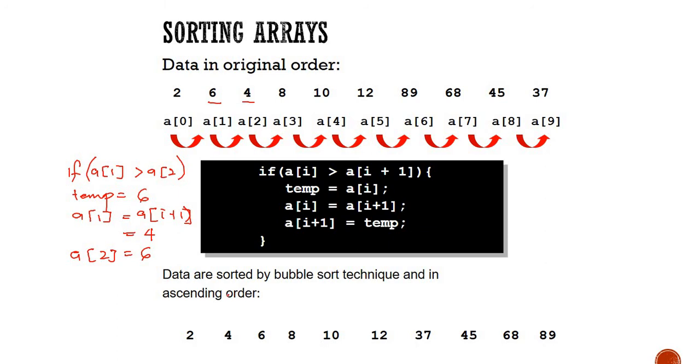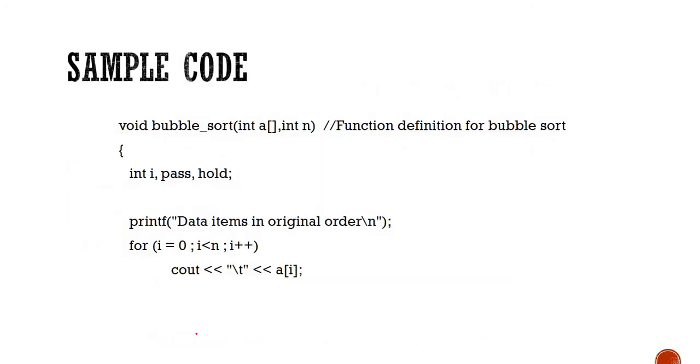Now, if you do the same process, the sorting using bubble sort, you will get the final list, the data that is sorted in ascending order. This is the sample code. This is the sample function where we need to do the bubble sort.